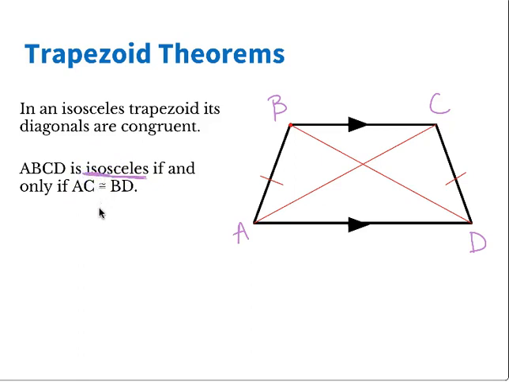We're dealing with trapezoids now, not triangles. So if our diagonals are congruent, then we know we're dealing with an isosceles trapezoid. So remember, if we're given the vertices and we want to find the distance from A to C, we would use the distance formula.